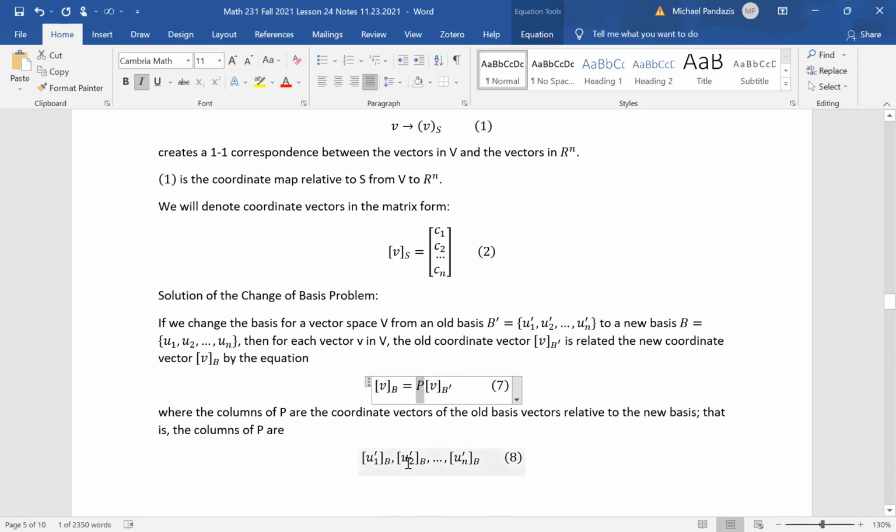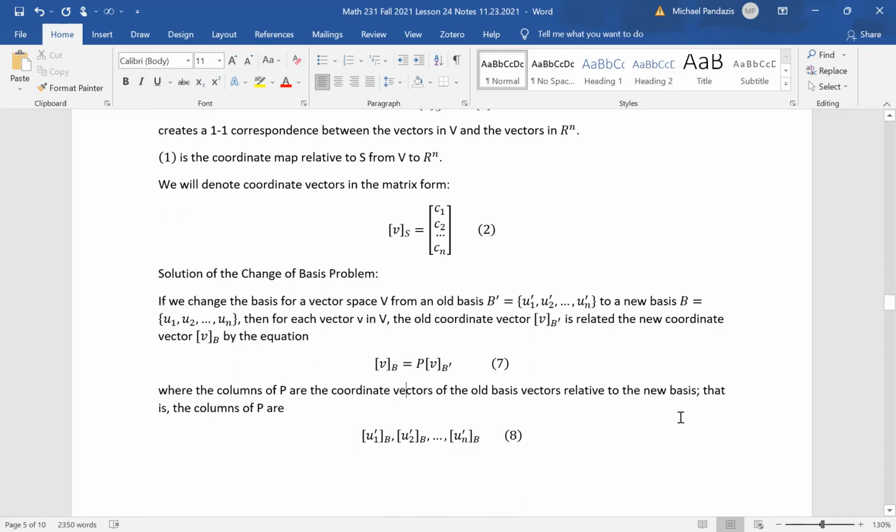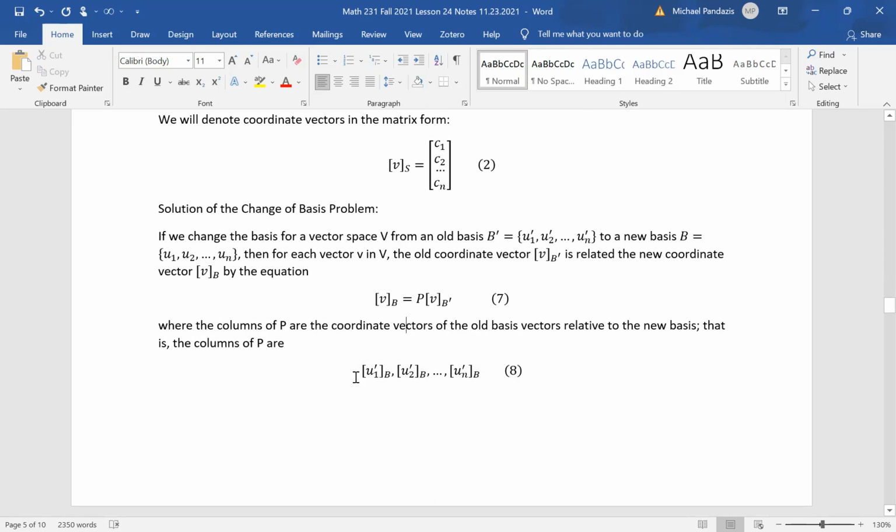The relation includes this P here, and it's a matrix where the columns of P are the coordinate vectors of the old basis vectors relative to the new basis. That is, the columns of P are these vectors. So the first column of P is the coordinates of the first old basis vector relative to the new basis.